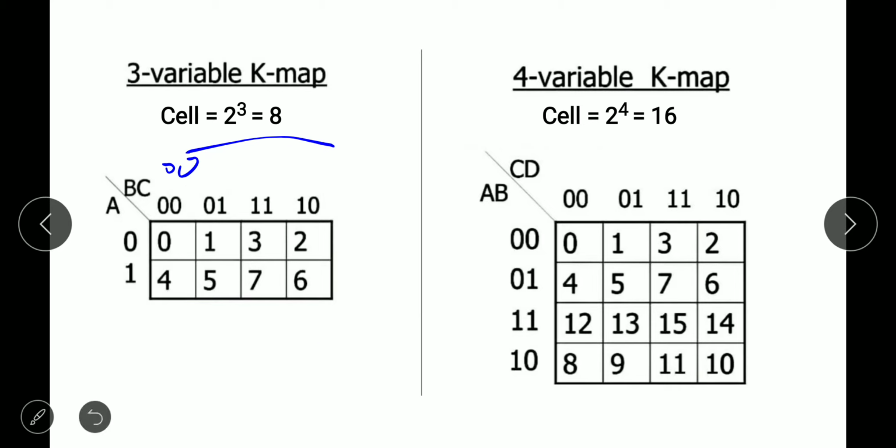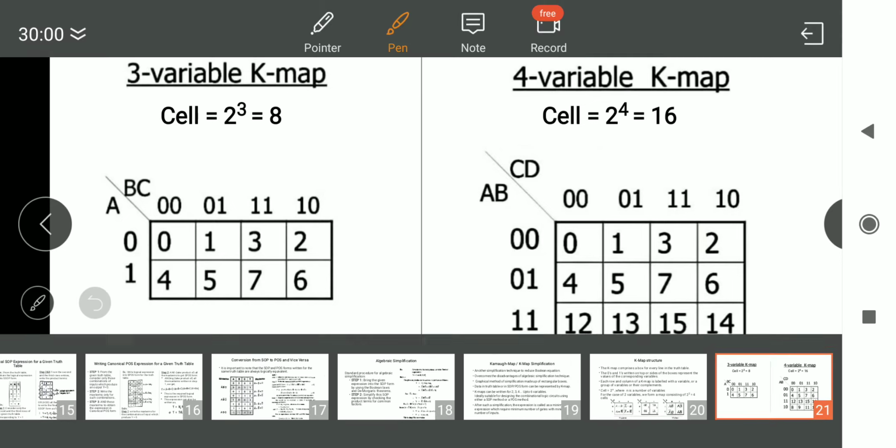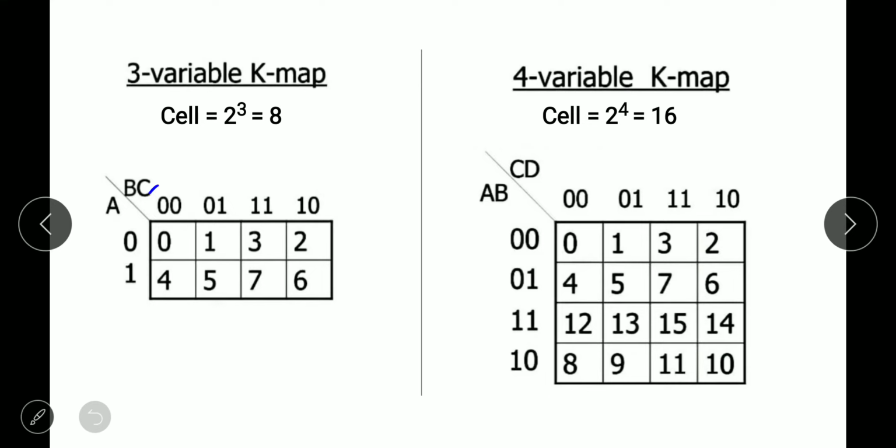Okay, why do we write like this, that is 0 1 3 2? Why do we write this 0 1 3 2, because the sequence is 0 1 2 3? Why don't we write 0 1 2 3? Because if you see here, 0 0 and 0 1, this 0 is the same number, but one bit is changed, that is 0 to 1.